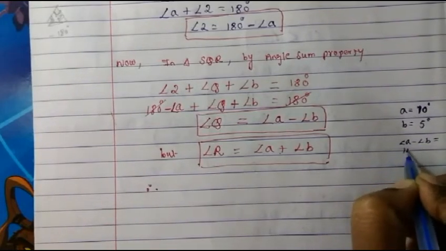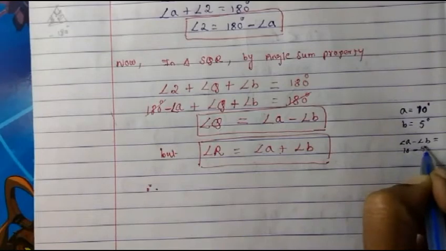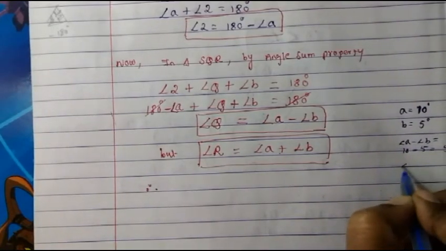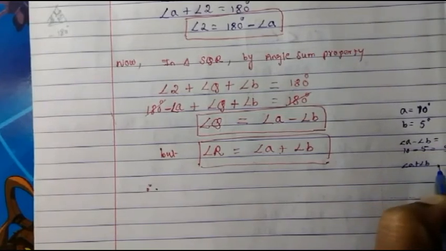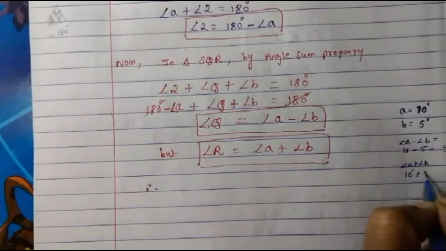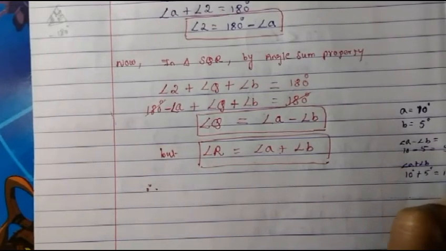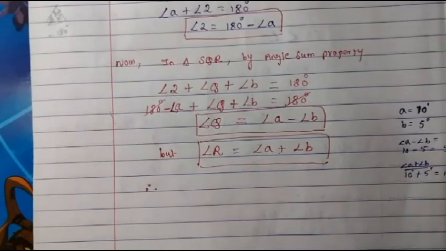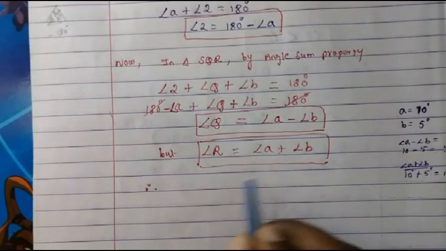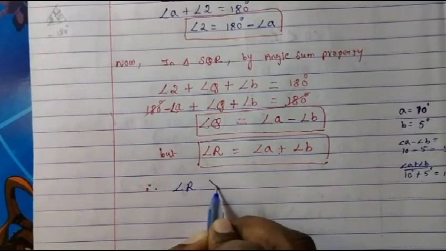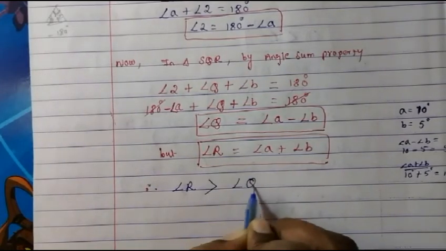A is 10, B is 5, so I will get 5 degrees. If it is angle A plus angle B, then what will I get? Angle A is 10 degrees, angle B is 5 degrees, so total 15 degrees. So which one is greater, A plus B or A minus B? A plus B becomes greater. Therefore angle R is greater than angle Q.